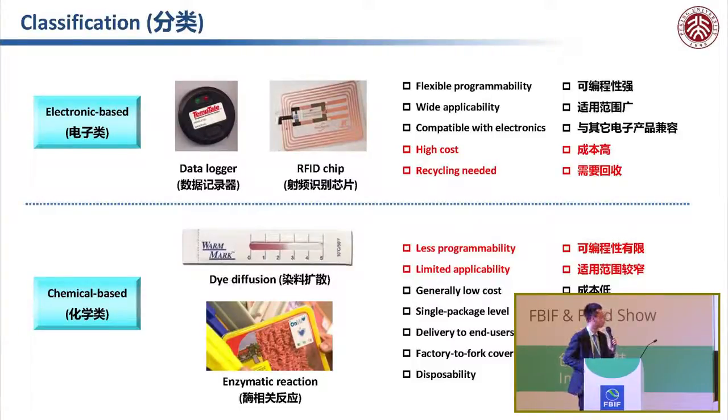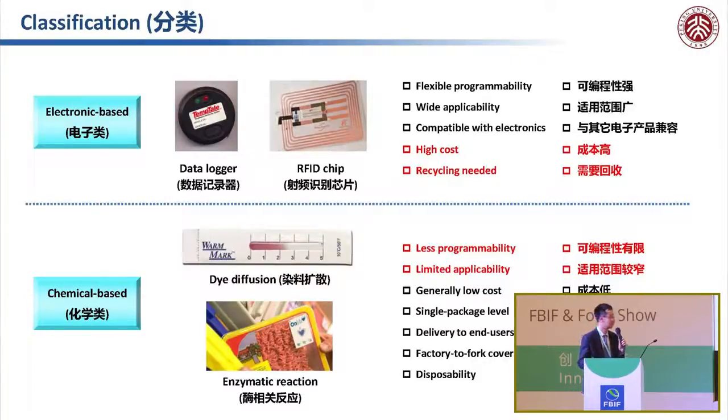And the second category of TTI is the chemical-based ones, which use some color-changing physical-chemical reactions to mimic the spoilage in the food, in the perishable products. For example, dye diffusion and enzymatic reactions. These TTIs are generally of low cost and can go down to the single package level and be delivered to end users, so covering the entire delivery chain from the manufacturer to the consumers.